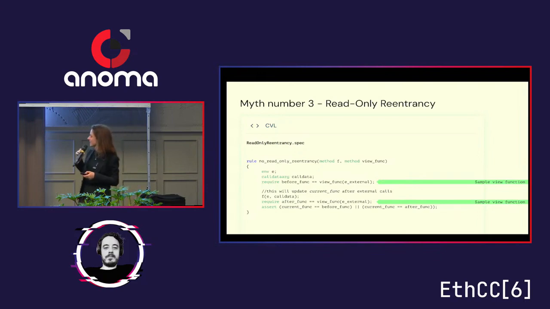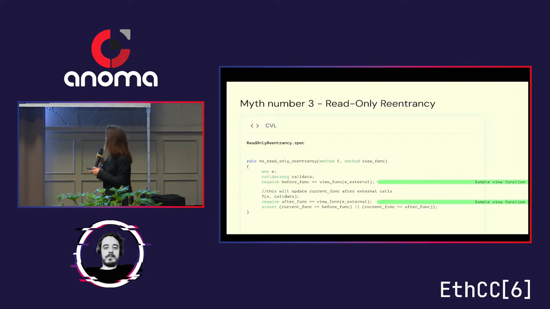But more than that, once we find a violation, we can say exactly which view function is the problematic one. And once we have it, we can also explain to the user how to fix it, because we know that gas is kind of expensive, but you can put a reentrancy guard only in the vulnerable view functions and not in all the view functions that you have in your contract.